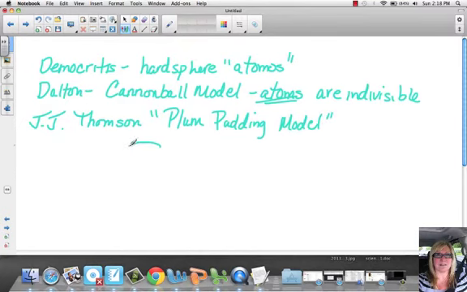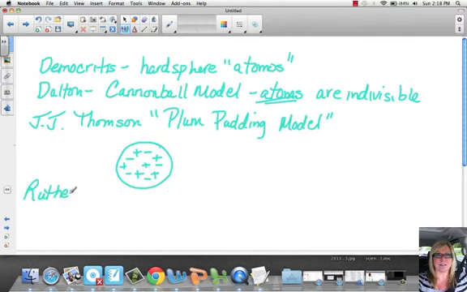And what he said was that if you imagine the atom, you have all this positive charge, and he said that the negative charge was then evenly distributed within that positive charge. So he said the positive and negative were basically mixed together.